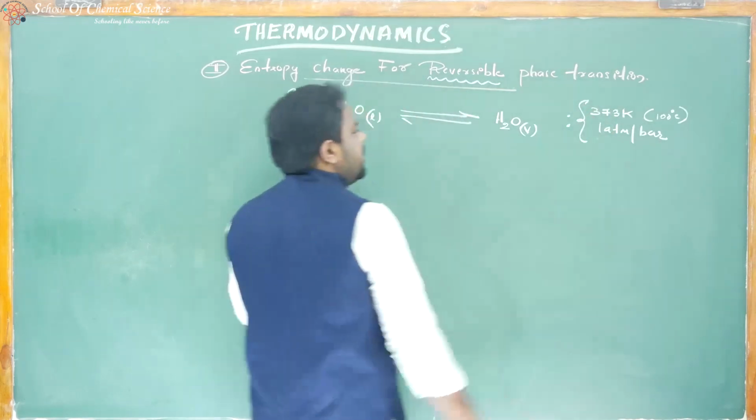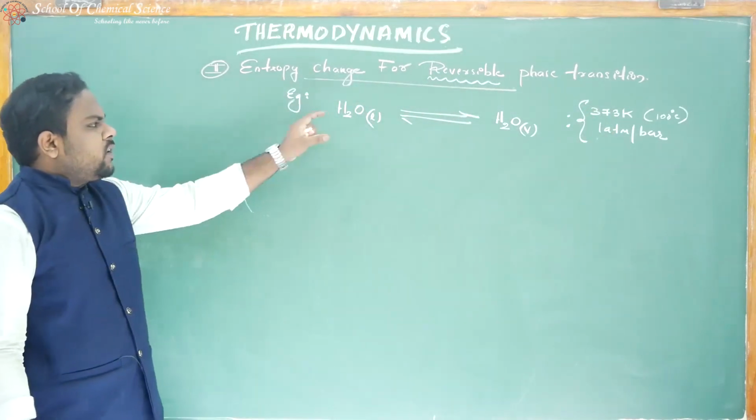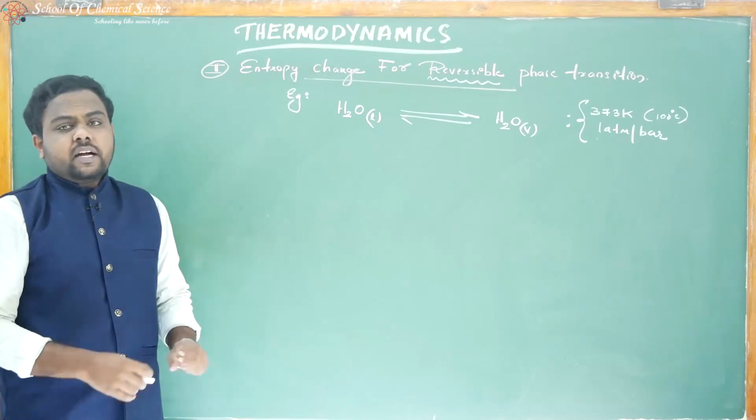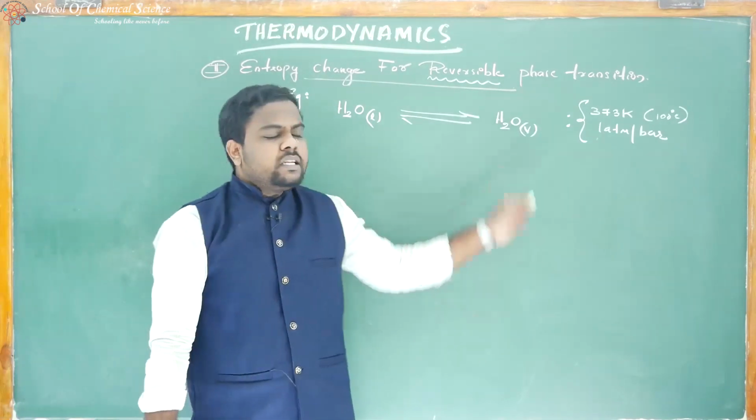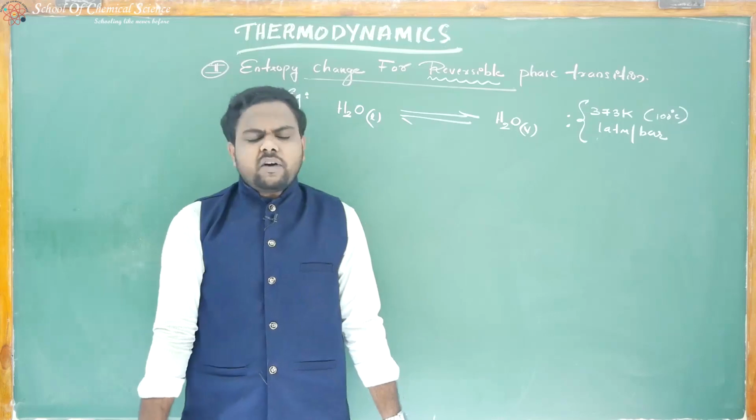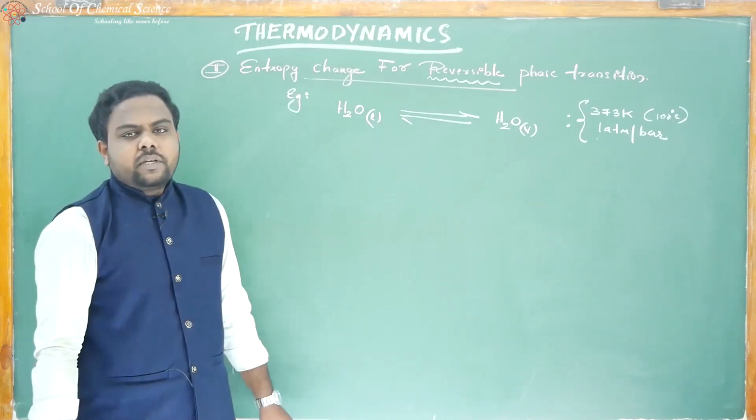This condition is very important. So liquid water reversibly gives vapor water at 100 degrees Celsius and 1 atm pressure or 1 bar. 1 atm and 1 bar are approximately equal.